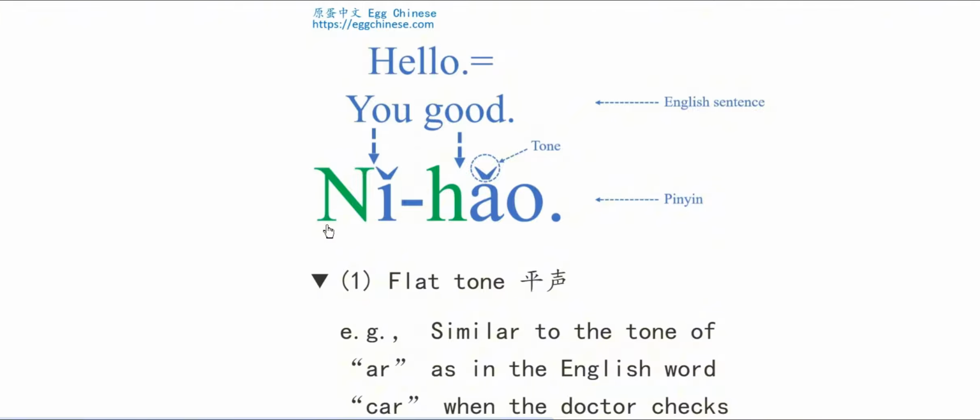So the pronunciation of the first pinyin is ni, but above the vowel we have a tone, the third tone, to make ni to be nǐ. So we can see the difference before adding the tone and after adding the tone.